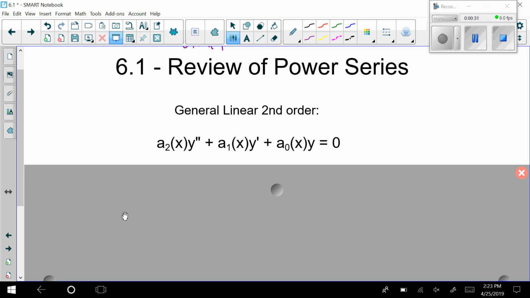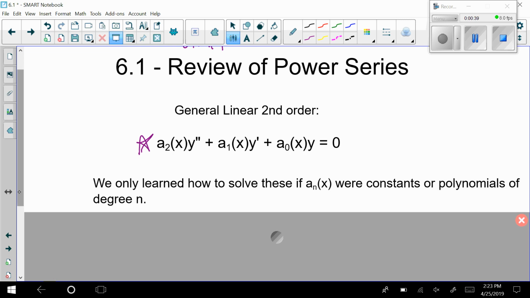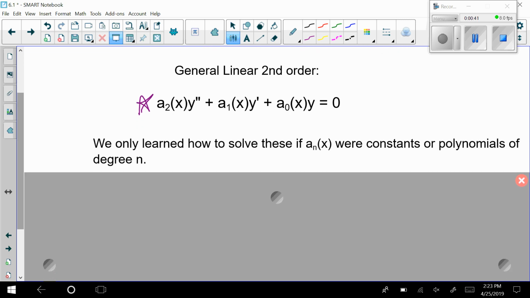So I'll just remind you of the general linear second order equation. This is what we would have, some differential equation. That's not too hard, right? The big thing is, as we're moving down through, we only learned how to solve these if these coefficients were constants or polynomials of some degree n.